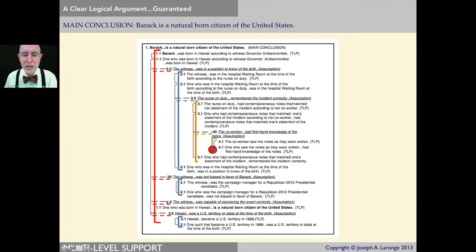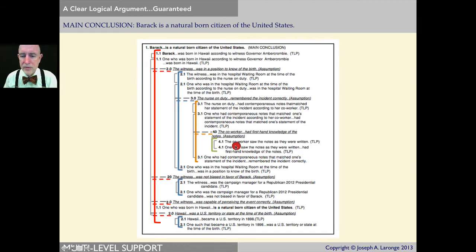So you can see how the layers can get so deep in terms of premises supported by assumptions, supported by inferentially linked premises, some of which are supported by assumptions, how deep it can go.